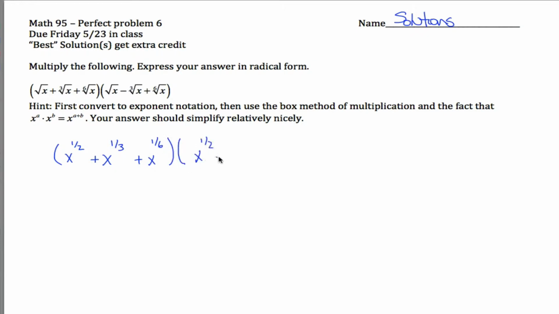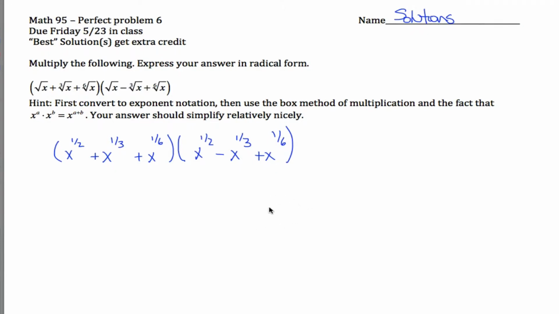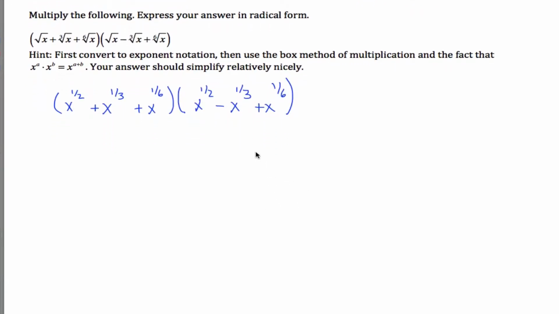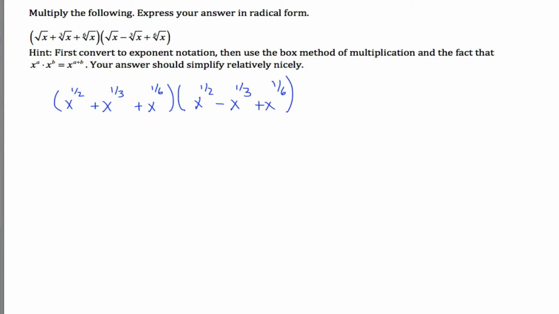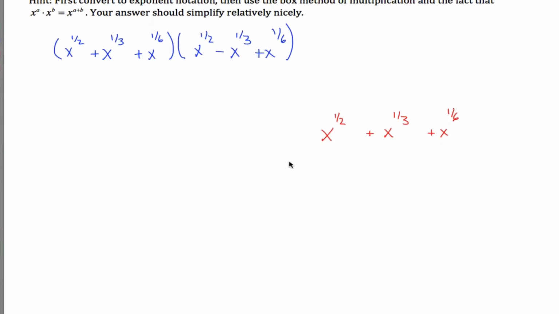So really what this question is asking me to do is find the product of these two things. There's a couple of different ways you can do this, but the way that I think is easiest is by doing this thing that we call the box method, where you take one of the two things you're trying to multiply together, so x to the 1/2 plus x to the 1/3 plus x to the 1/6, and you make those the columns, and then for the rows we put the other thing we're trying to multiply together, so x to the 1/2, negative x to the 1/3, and x to the 1/6.